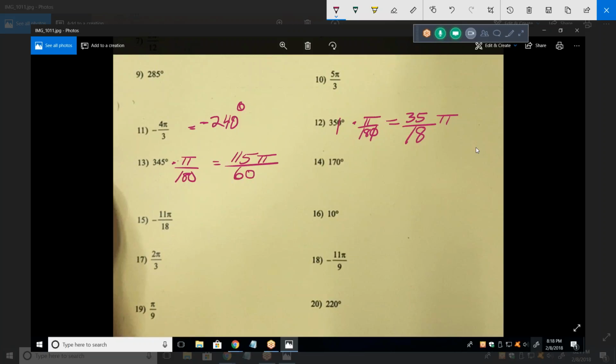Now we know they can both be divided by what? 5. So then that's 23 pi over 12. Correct. 23 is prime. So that's almost certainly simplified.